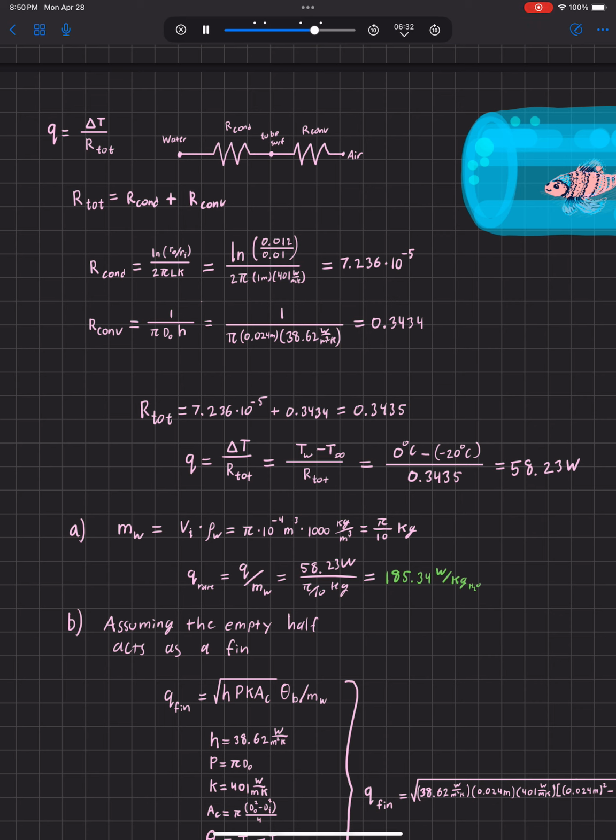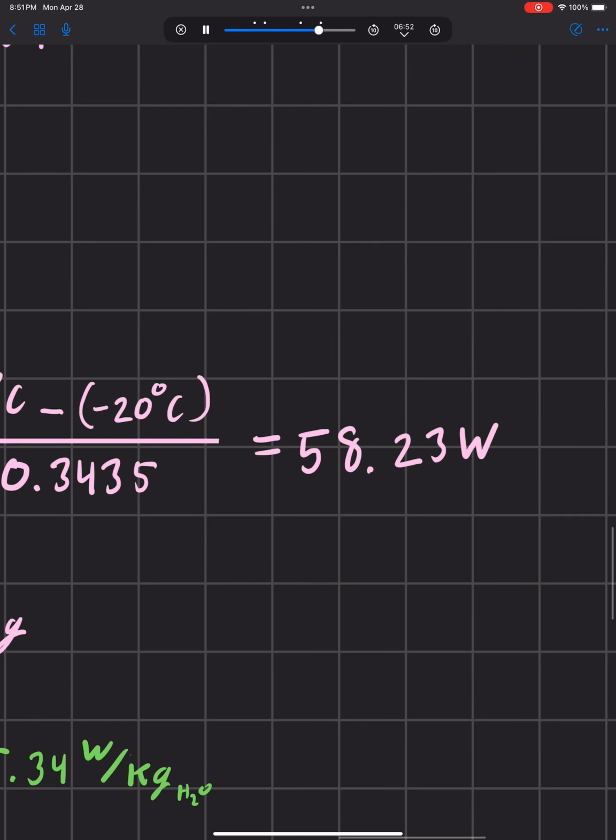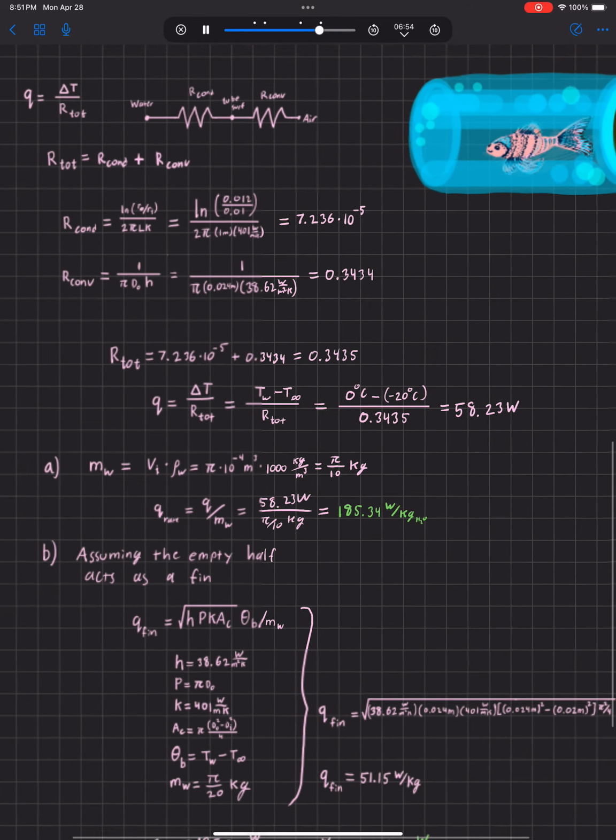So your R total is going to be those added together, and you're going to get 0.3435. And so to find your Q, you know that it's your delta T over your R total, which is equal to the temperature of water minus the temperature infinity over R total, which equals 0 Celsius minus negative 20 degrees Celsius over 0.3435, which equals 58.23 watts.